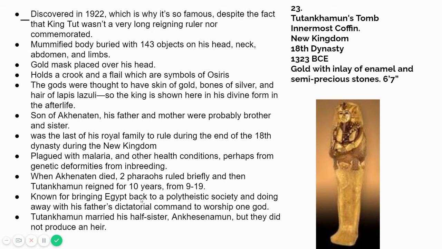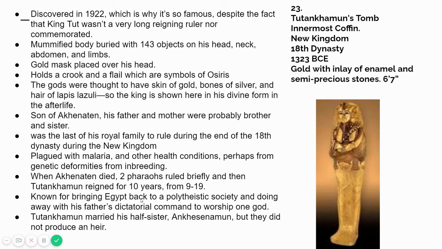There's also a gold mask that was placed directly over his mummified head. And this innermost coffin holds a crook and a flail, which are symbols of Osiris. So the gods were thought to have skin of gold.